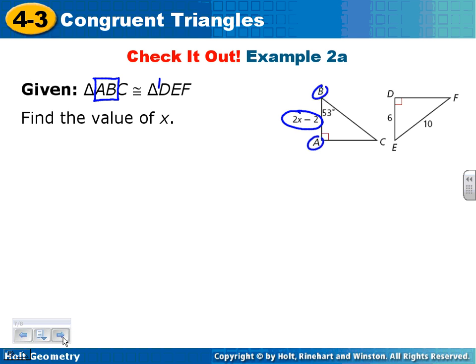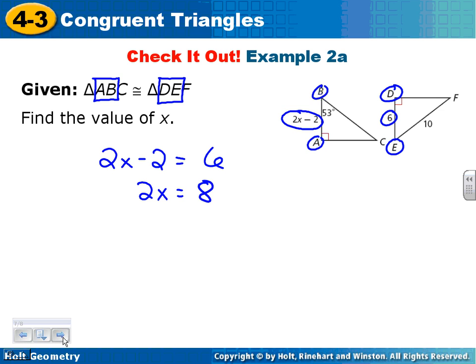So it matches up with DE. And DE is right here. And I see a 6. So those are congruent. So I write 2x minus 2 equals 6. And all I have to do is solve that for x. Add 2. 2x equals 8. And then divide by 2. X equals 4.